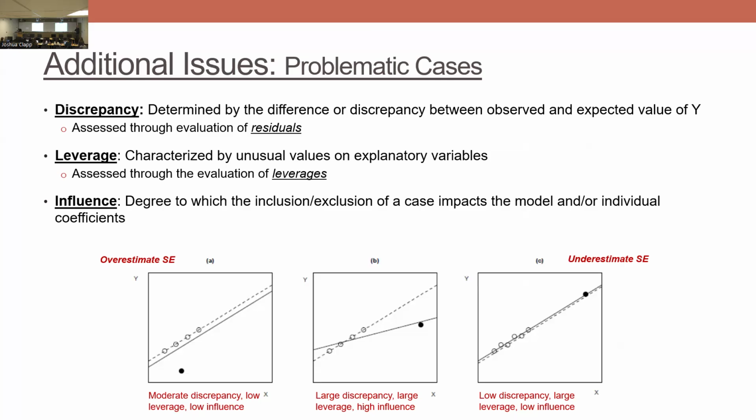If the dotted line is my regression line with that person out, and here's my regression line with the person in, does it impact things all that much? No, it drops the intercept down a little bit, but the line is the same, right? So here we've got someone who is characterized by a noticeable discrepancy.